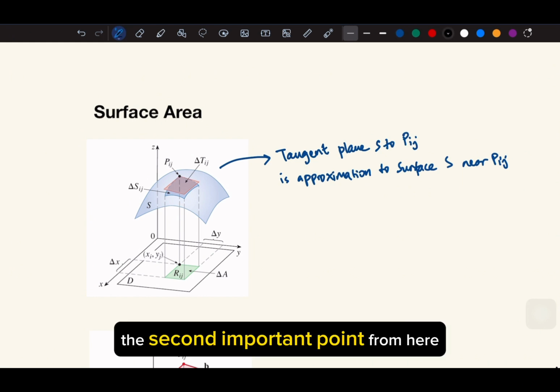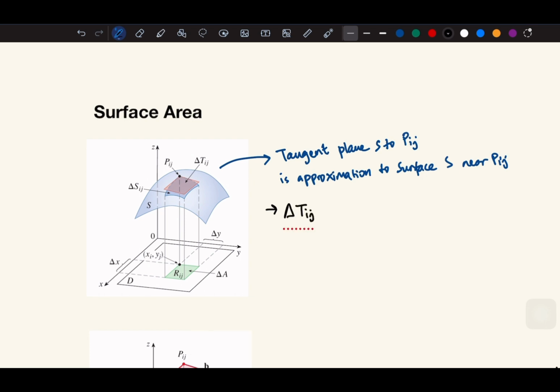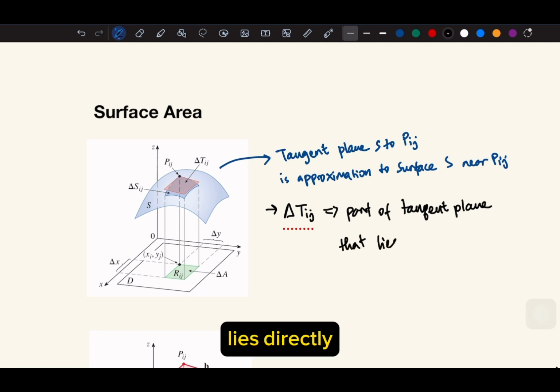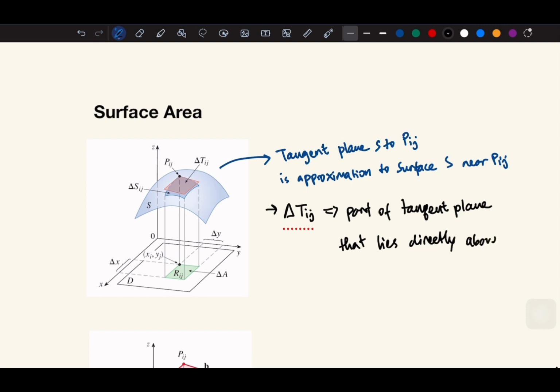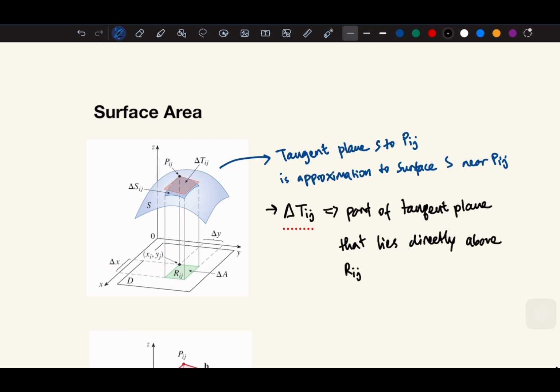The second important point: we call this delta T_ij. The delta T_ij is a part of the tangent plane that lies directly above the rectangle below, R_ij.